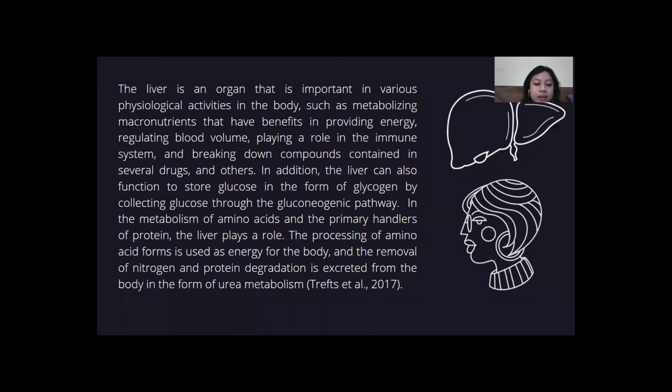The liver also plays a role in the metabolism of amino acids and is the primary handler of proteins. The processing of amino acids is used as energy for the body, and the nitrogen from protein degradation is excreted from the body in the form of urea metabolism.